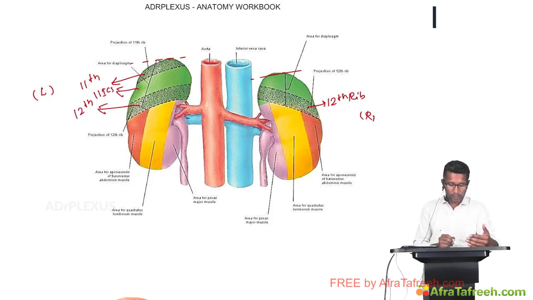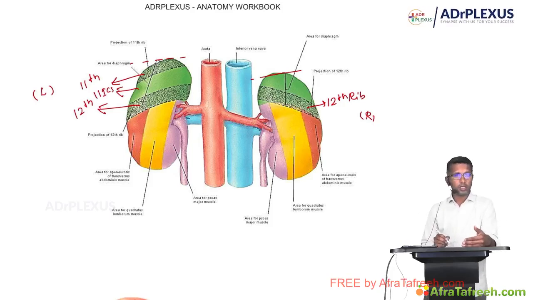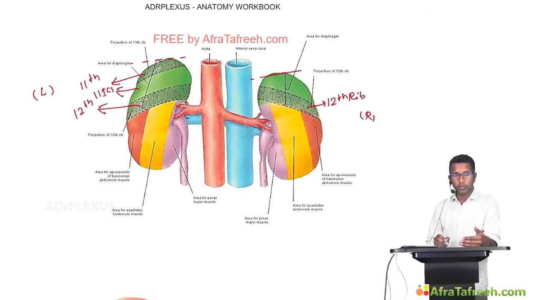Close to the upper pole of the kidney, the kidney is also related to two ligaments of the diaphragm.